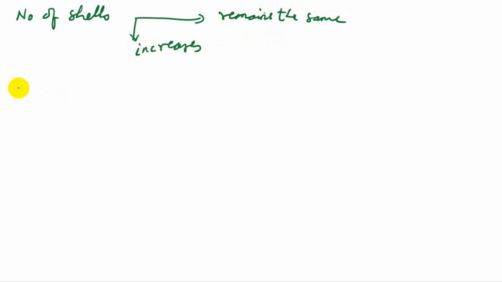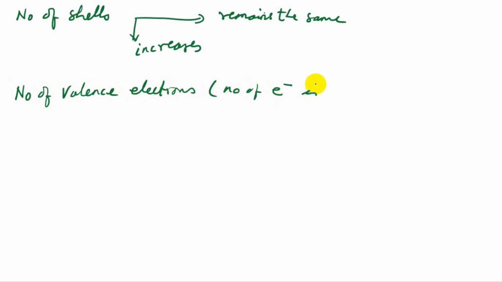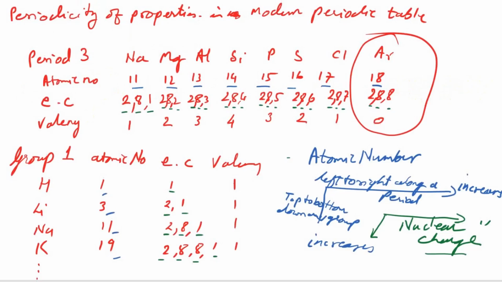Then one more thing we'll see is the number of valence electrons. Number of valence electrons means the number of electrons in the outermost shell. To know about this, let's see whatever we did that time. This will give you the idea of what is happening.